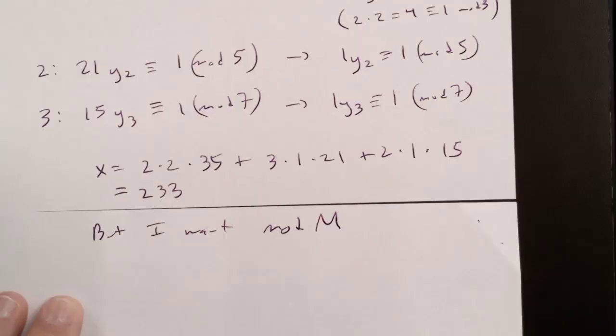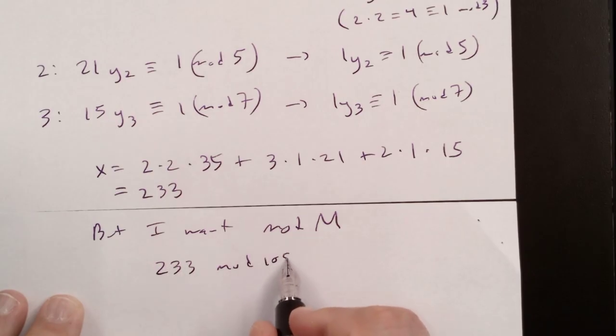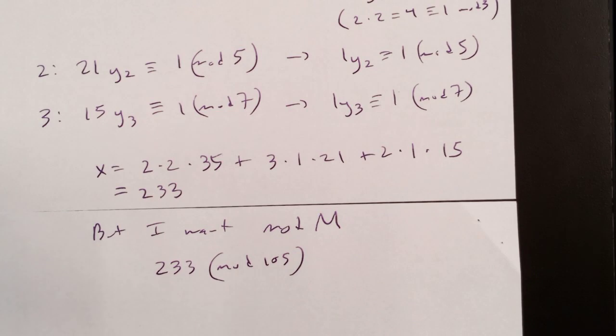Capital M. What was the number we came up with for capital M? 3 times 5 times 7. What is 233 mod 105? 23.